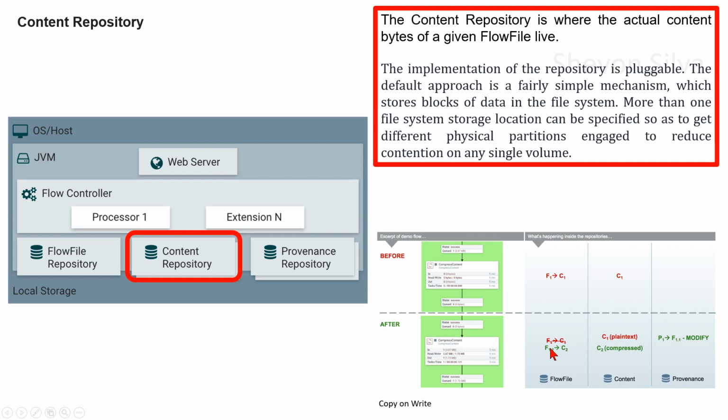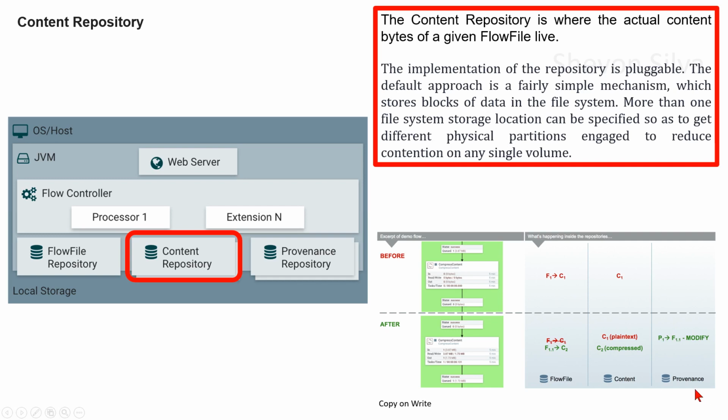Because the flow file repo is immutable, instead of modifying old F1, the new delta F1.1 is created.